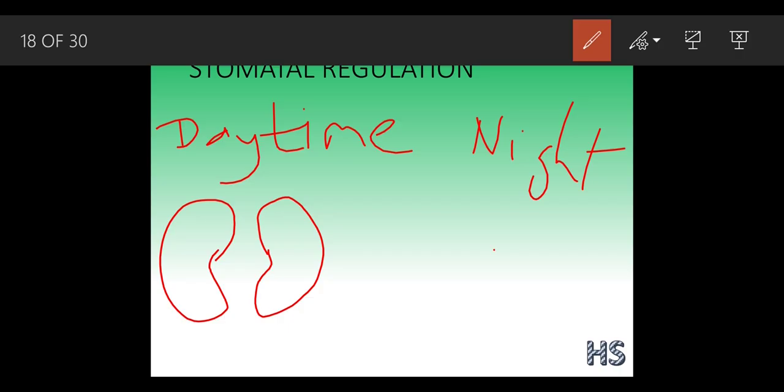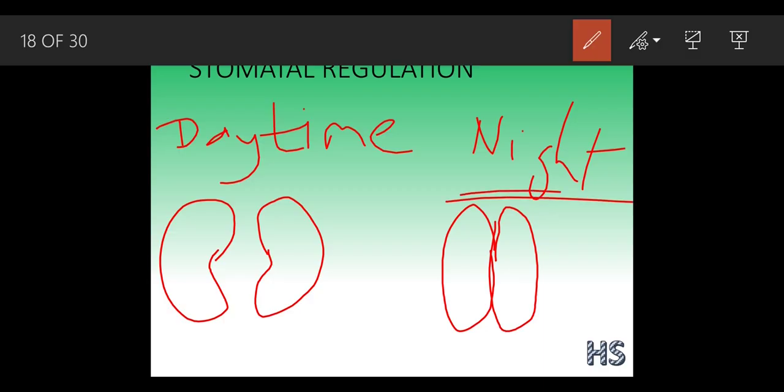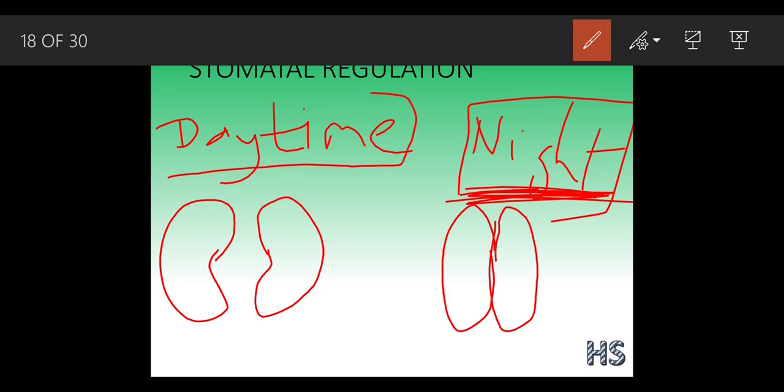This stomata become flaccid like this, which closes the guard cells, and because of this, the transpiration or the exchange of gas does not take place during the night time. But during daytime, the stomata are widely open. Why? For the photosynthesis process, for the diffusion of gases and all. So stomatal regulation during daytime is like this: the guard cells become turgid, and during night time they become flaccid.